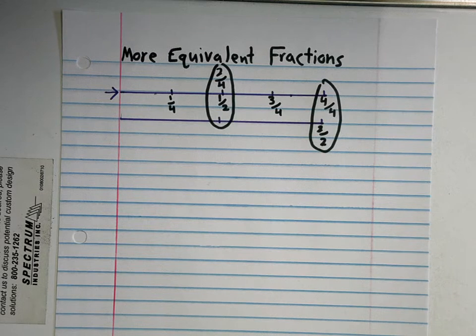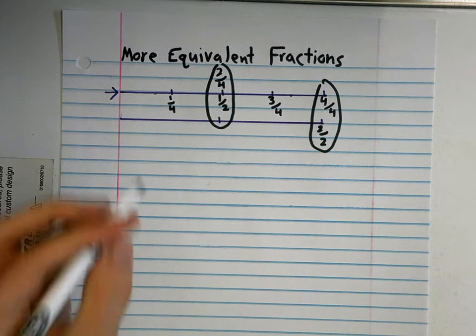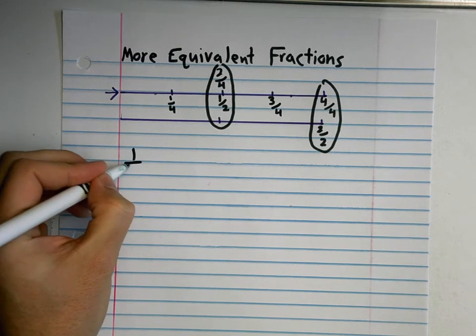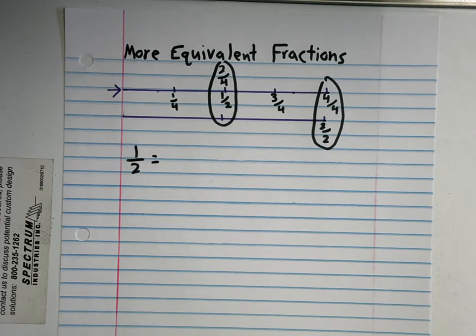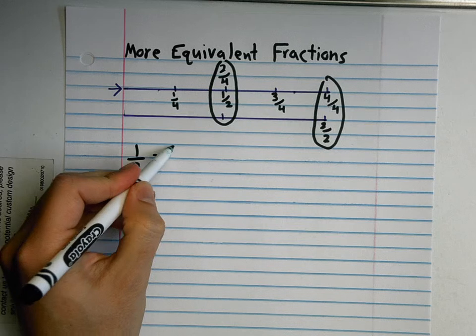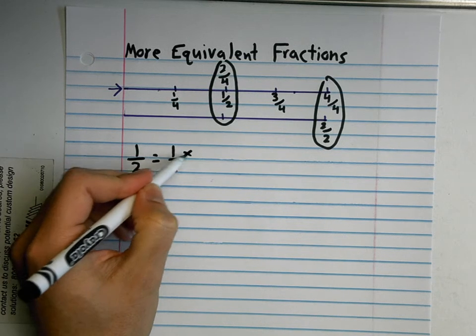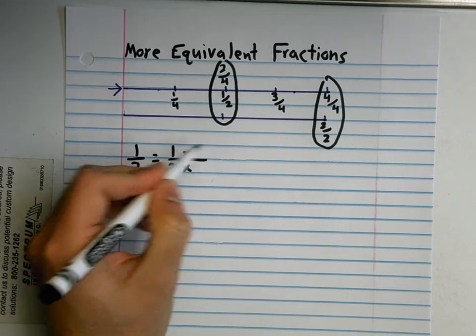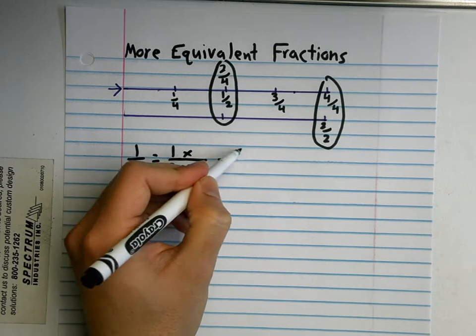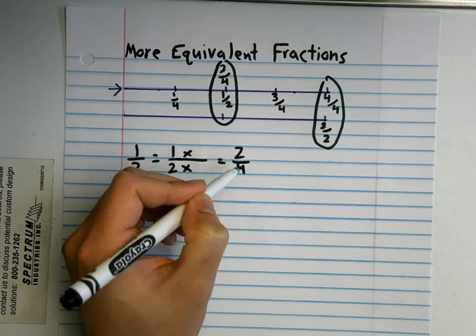Now, I'm going to say that the first one, what we'll find in our book, is 1/2. And guess what? That's the same thing as 1/2 times something else equals 2/4.